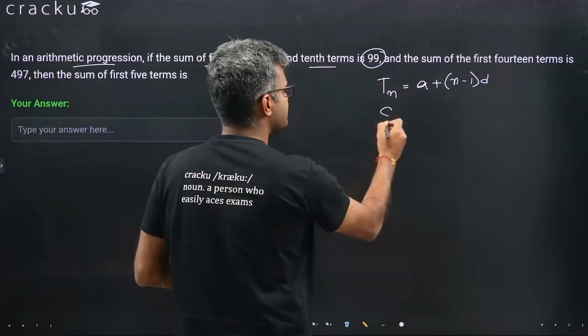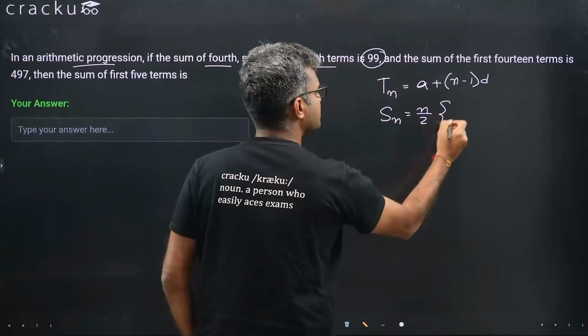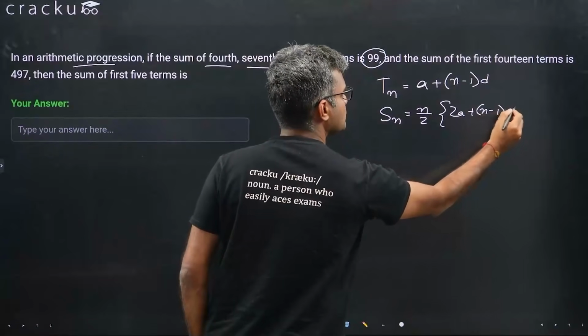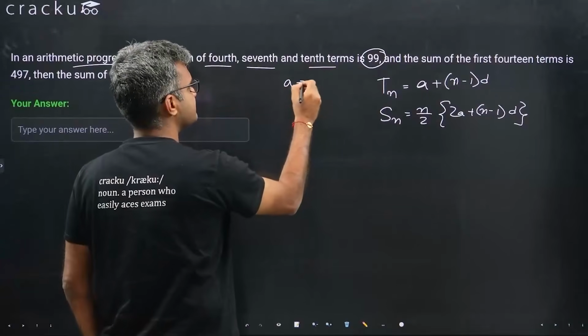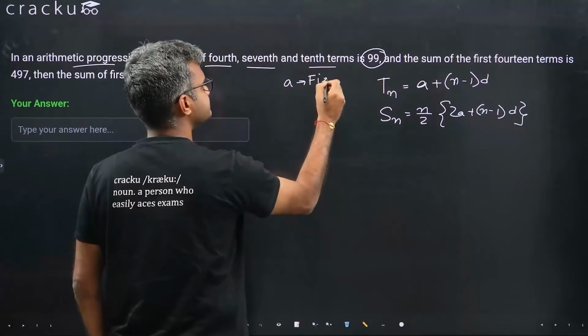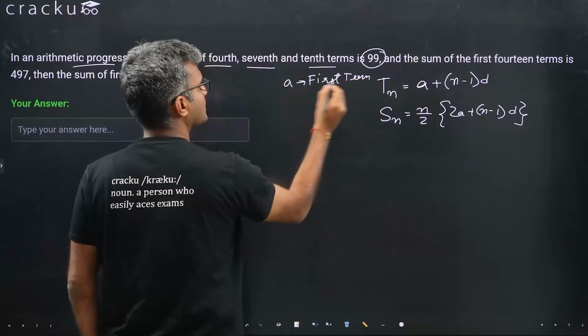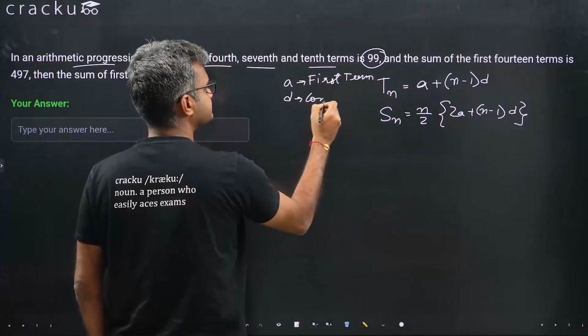Similarly, the sum of the first n terms is equal to n by 2 into 2A plus n minus 1 into D. In this case, A is the first term and D is the common difference.